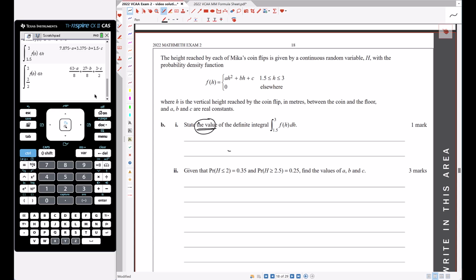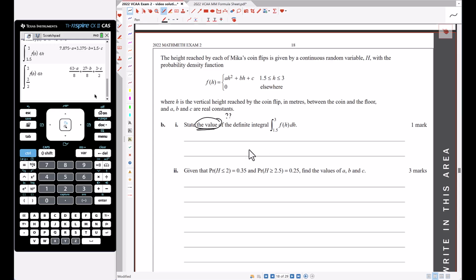Or actually, can we work out what A and B and C are? No, we know the total area is 1, but we don't have enough information to work out A, B, and C. And I've just checked the examiner's report, and indeed the answer is an expression involving A and B and C. So I actually don't like that wording.